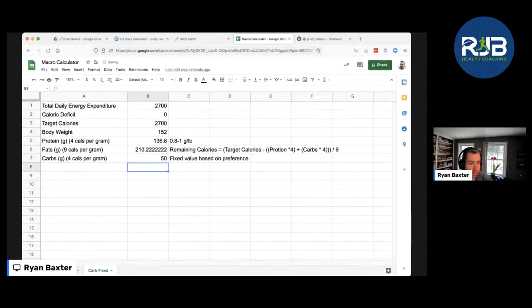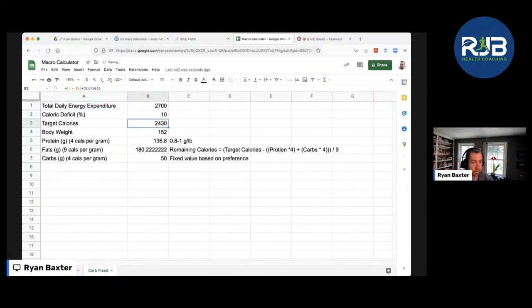Now, say I wanted to lose weight. So I wanted my client to lose weight, and say I wanted to put them in a 10% caloric deficit week to week. So I would enter 10 here. Again, this is percentage, just to be clear.